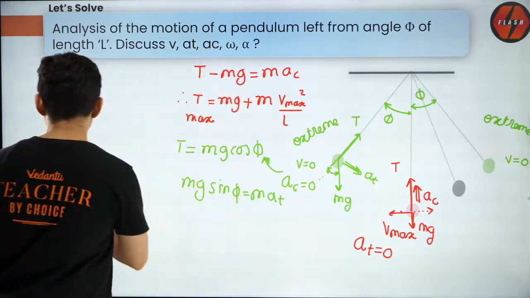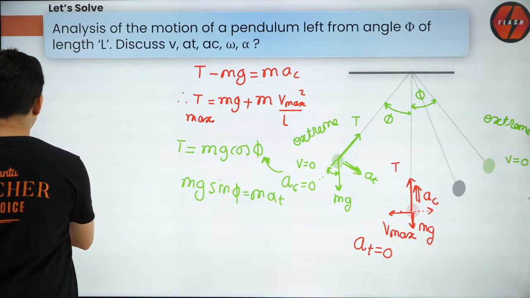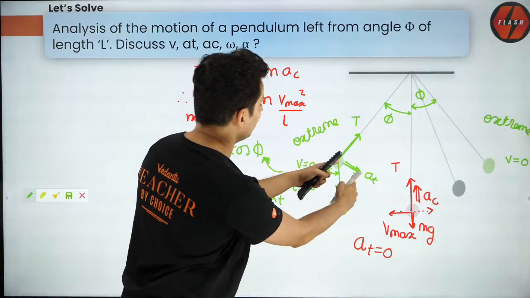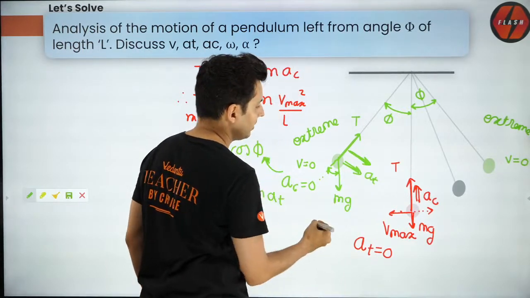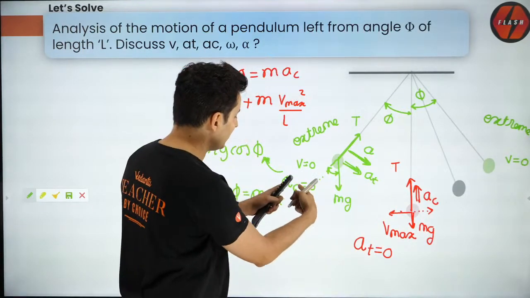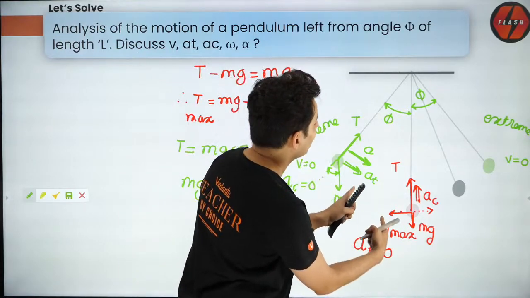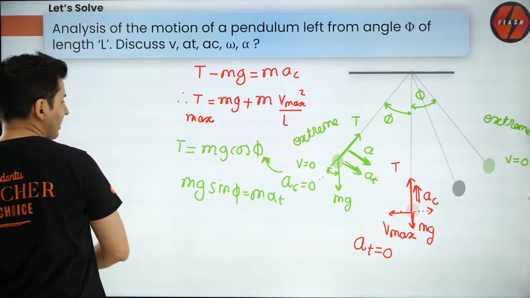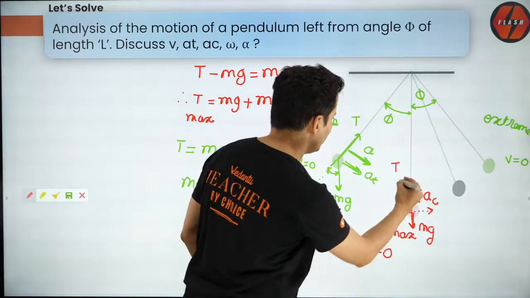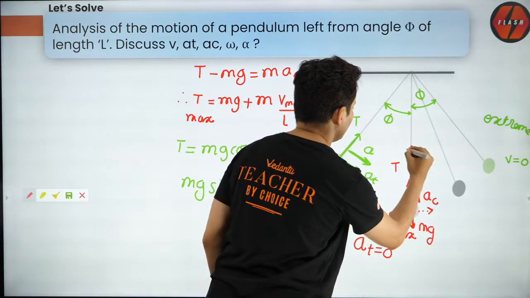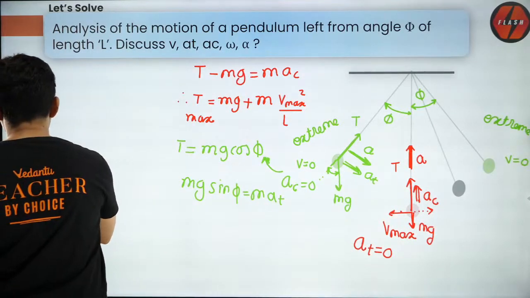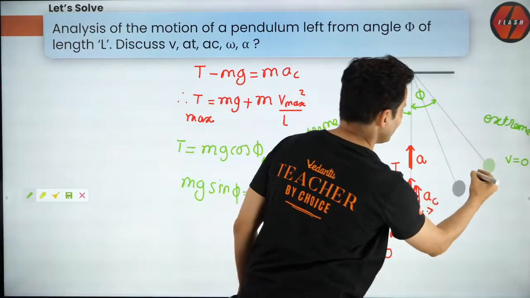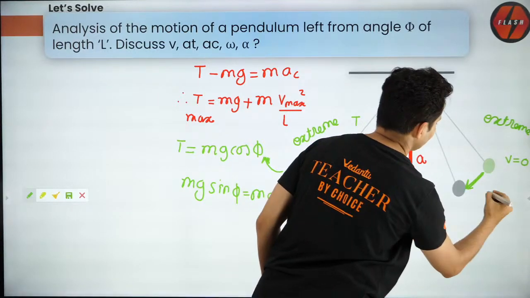And look at this. If somebody asks you now, what is the total acceleration here? Well, the total acceleration is in this direction, because centripetal is 0. Over here, tangential is 0, so total acceleration is in this direction.